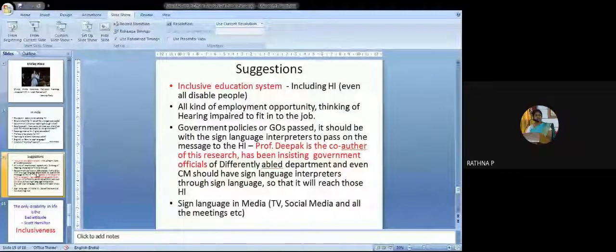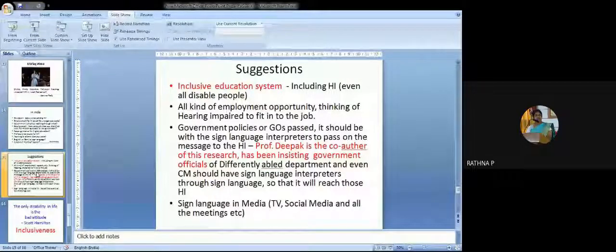That's how your information will pass on to all hearing impaired people. Those are the suggestions we are trying to give them. And at Pudhiya Thalaimurai TV, News 18 channel and a few other channels, we were able to insist them to initiate sign language.